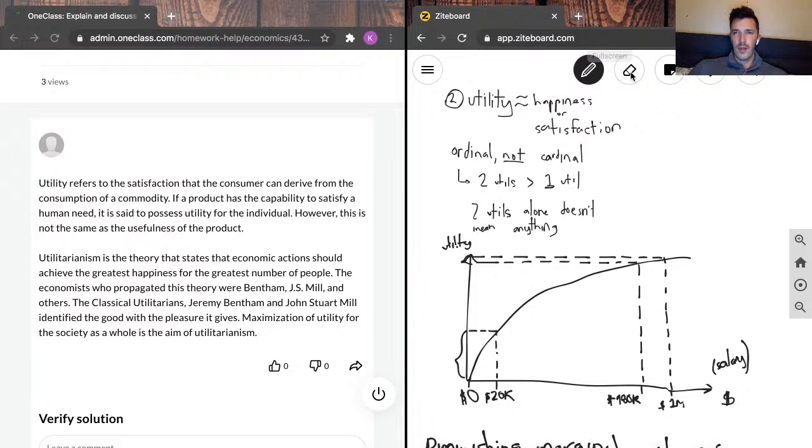Oh, sorry. Actually, this is diminishing marginal returns to salary in terms of utility.